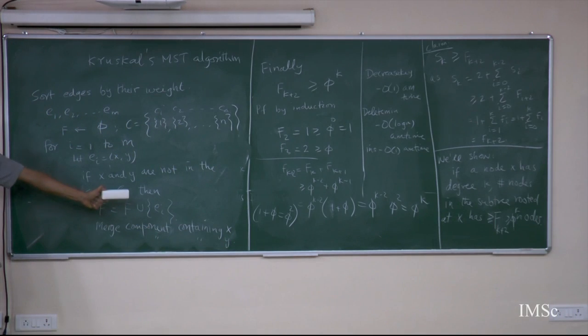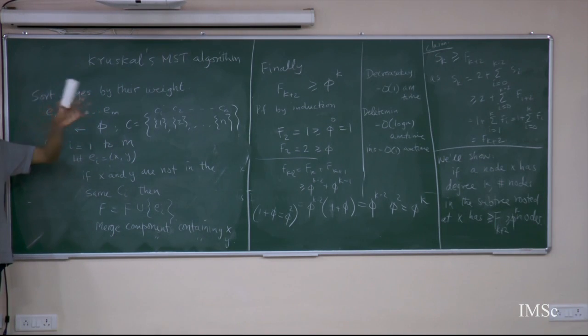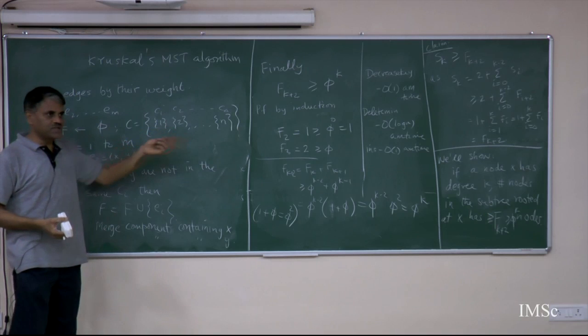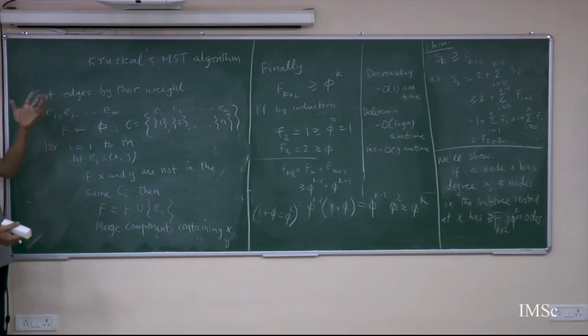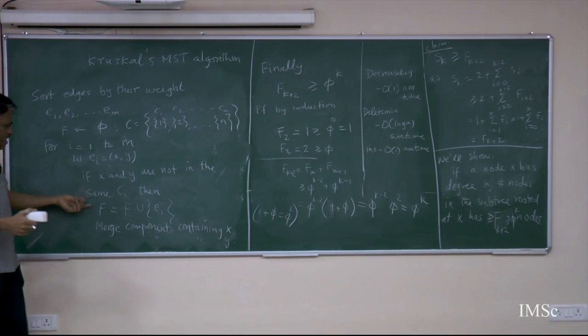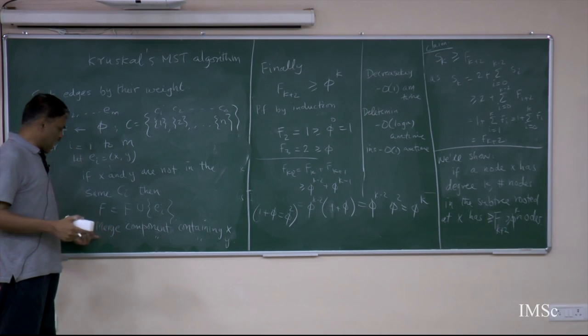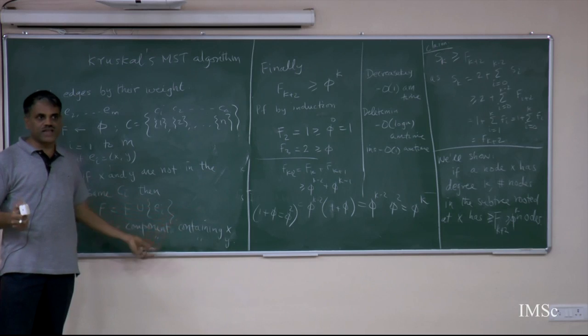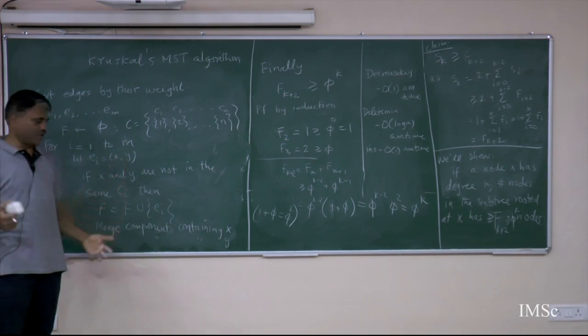F is the output, the set of edges I'm going to collect, and I maintain my components as a collection of sets. Initially they are all singletons. When an edge comes, I check whether they are in the same set or different sets. If they are in the same set, I don't add it at all. If they are in different sets, I add ei to my collection and merge the set containing x and the set containing y.